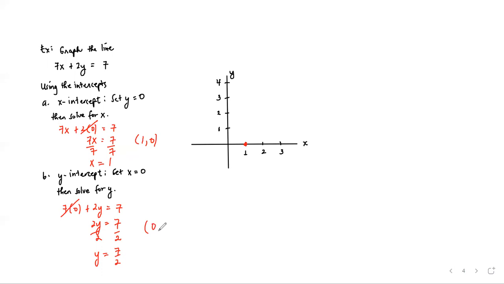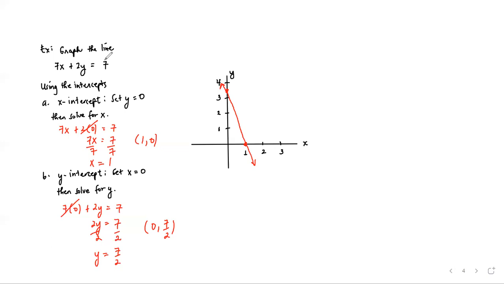So this means that the point (0, 7/2) lies on the straight line. So plotting this point on the Cartesian plane, we have (0, 3.5), which is located here. So now, since we already have 2 points of the line, we can just connect these 2 points by a straight line. And that's the graph of 7x plus 2y equals 7.